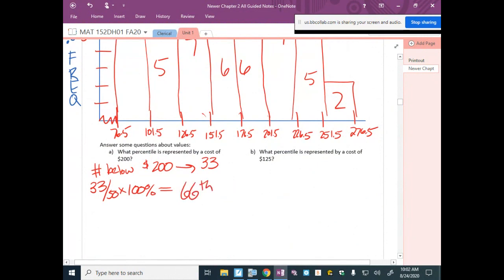Now, I'm going to let you see what percentile is represented by a cost of $125. Well, how many were below that mark? How many? 14.